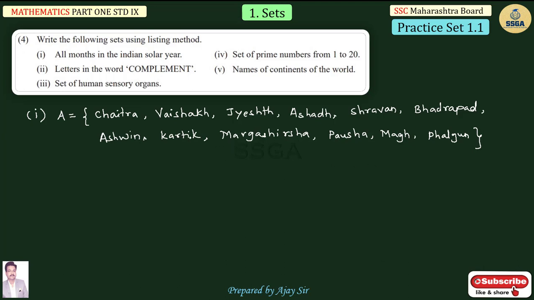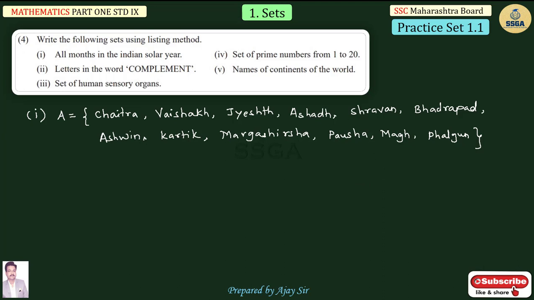So these are the 12 Indian solar year months: Chaitra, Vaishak, Jyesht, Ashad, Shravan, Bhadrapad, Ashwin, Kartik, Margashish, Paush, Magh and Phalgun. So these are the elements of set A.